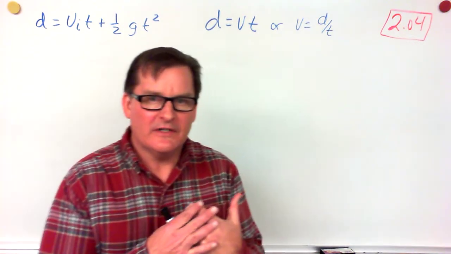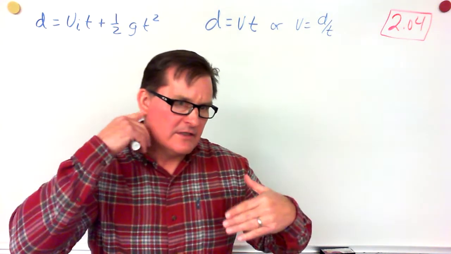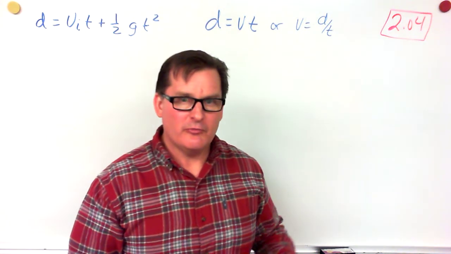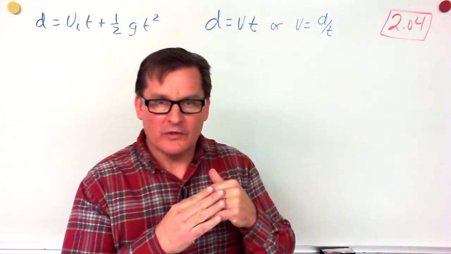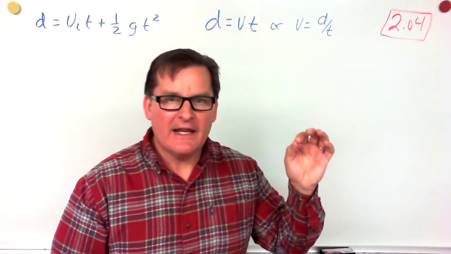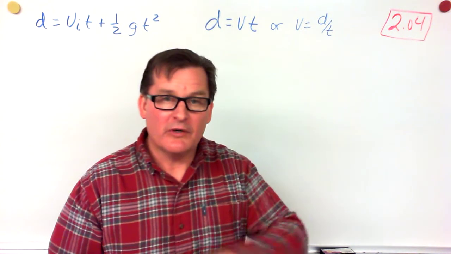But the key to understanding lesson 2.04 is to realize that in the prior lessons, 2.01 through 2.03, basically we've been breaking apart motion, force that's applied at an angle, and calculating its vertical and its horizontal components.